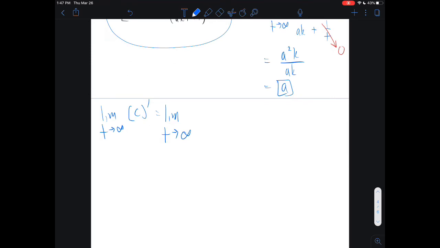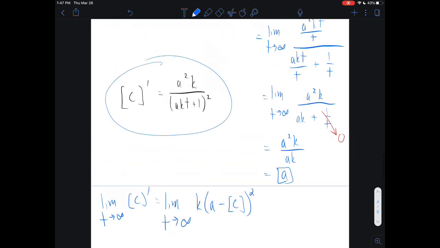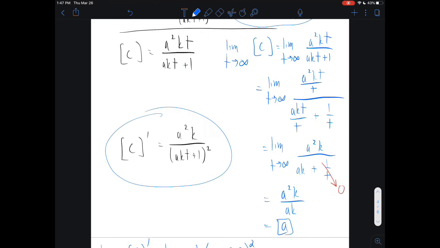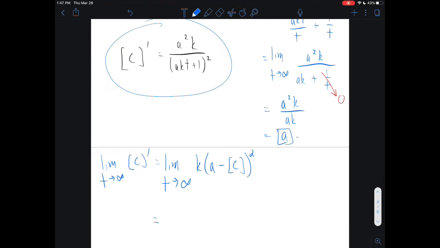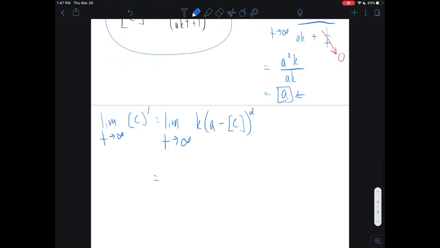So this is the same thing as the limit as t approaches infinity of k times a minus the concentration of C quantity squared. So now let's just use what I just found. We just found that the limit as t approaches infinity of the concentration of C is A, which means this becomes K times A minus A quantity squared, because that was what the concentration of C was approaching.